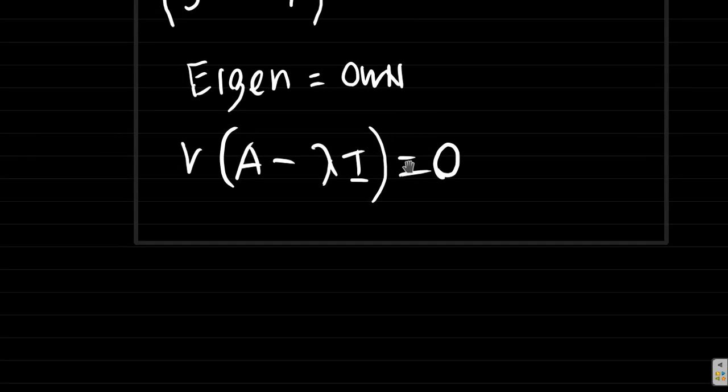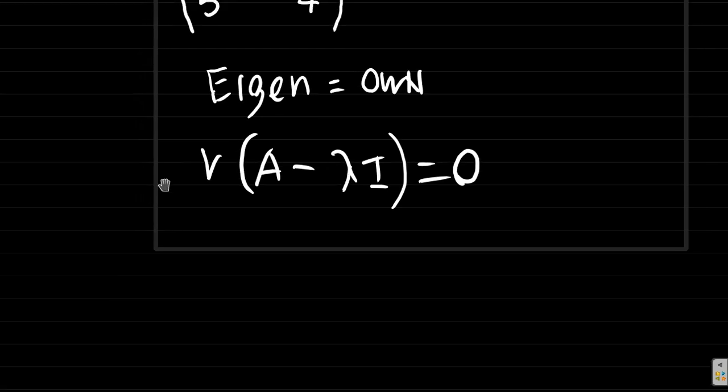Now, if we have this situation, it means A minus lambda I will turn out to be a matrix.